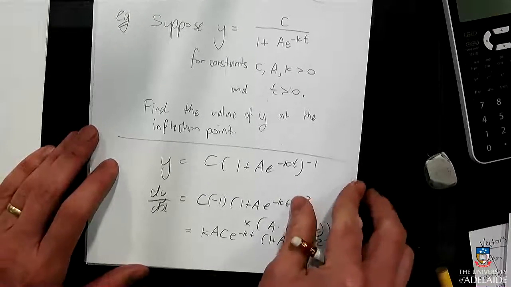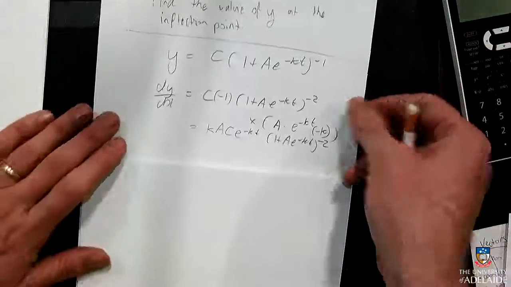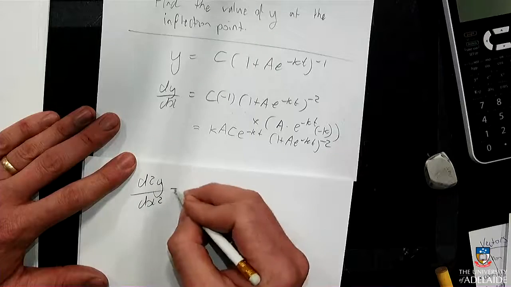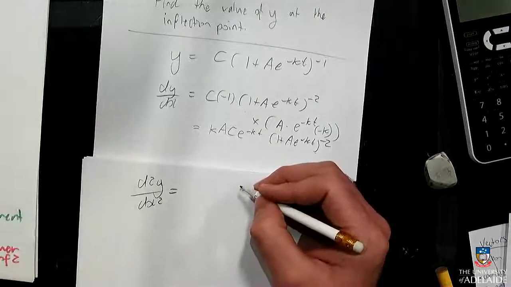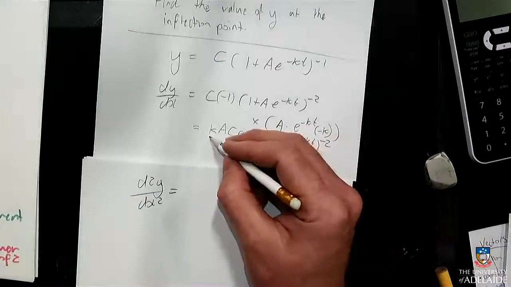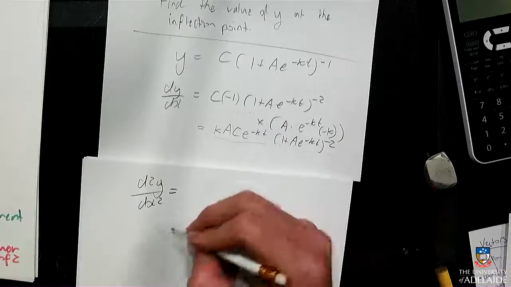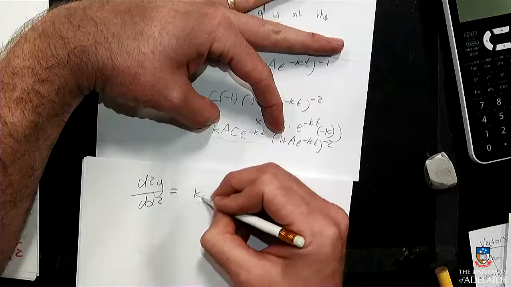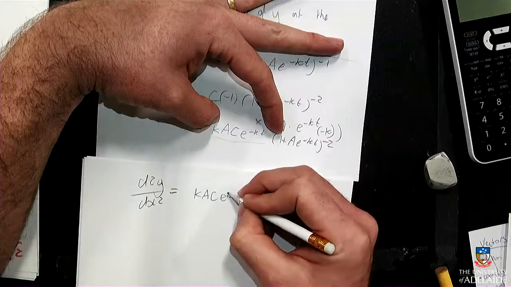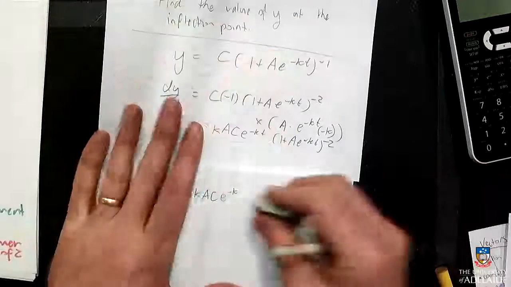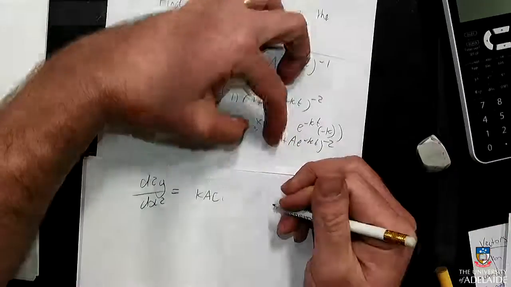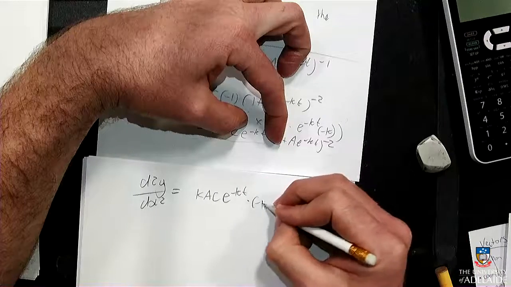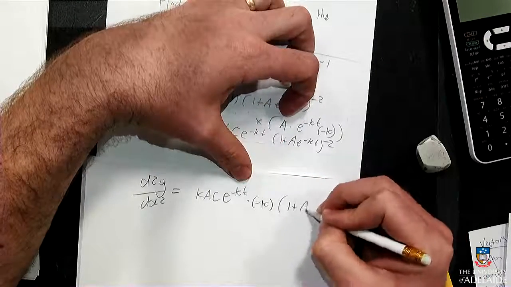And so now I have to do the second derivative. d squared y on dx squared, which, okay, let's see. I've got two things here. They've both got an e in them, so I'll have to do them separately, and I'll do the product rule. So the derivative of this is k a c e to the minus kt multiplied on. The derivative of e to the minus kt is e to the minus kt, and then I'll have to multiply by the minus k, and then we keep this bit.